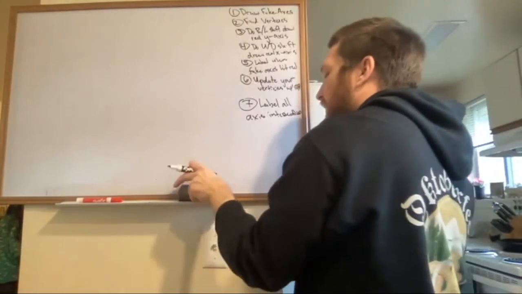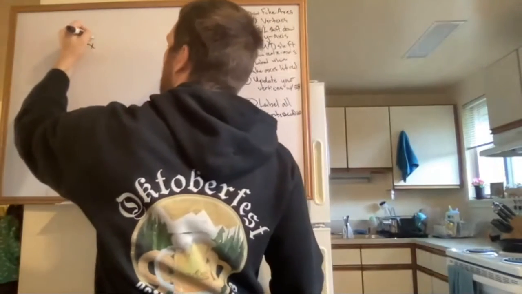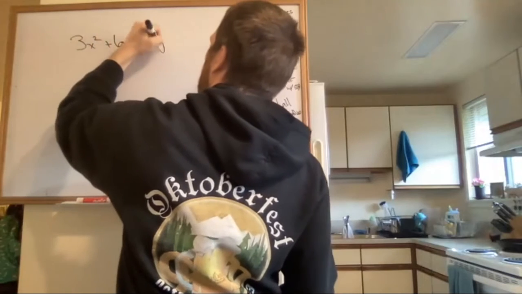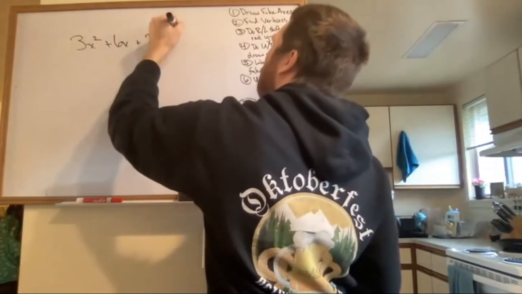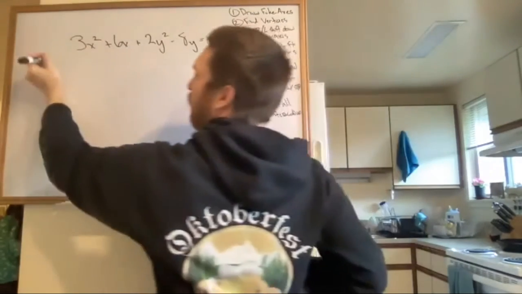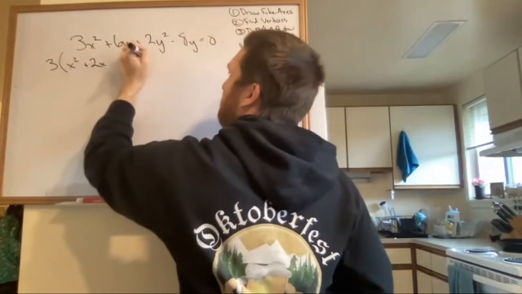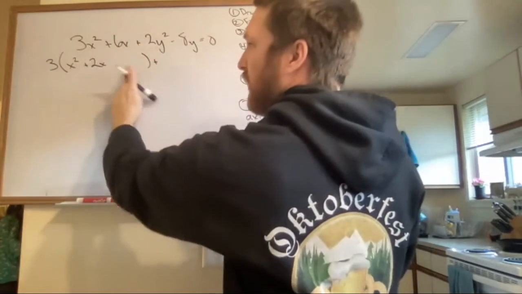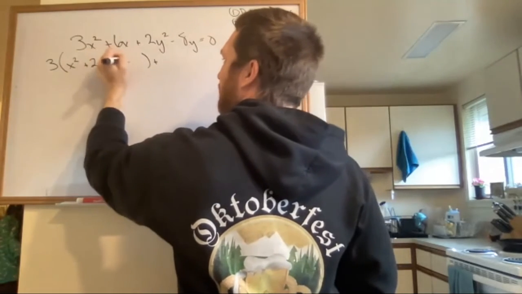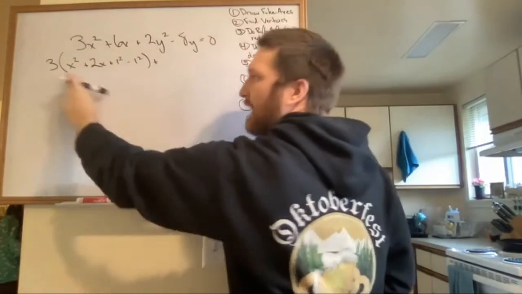But you've completed the square a lot, and I started off by saying be very careful to use parentheses, because when you factor something out, like if you have 3x squared plus 6x plus 2y squared minus 8y equals 0, we want to be really careful when we factor that 3 out. We use parentheses when we do our plus and minus the thing squared, inside the parentheses, because that 3 is absolutely tied up with it.